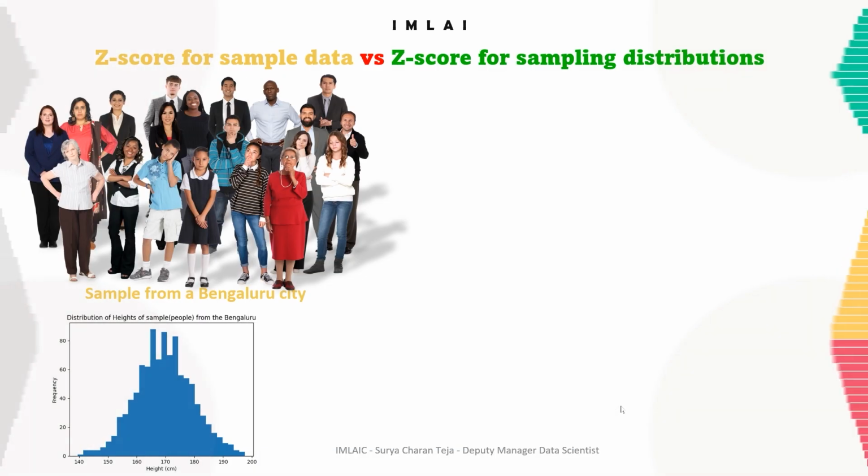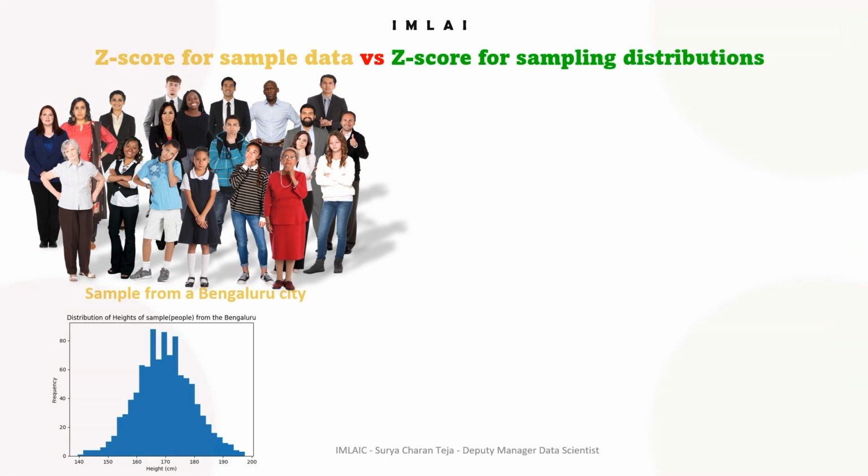Which is z-score calculation for this sample. How do you calculate z-score for this? When considering a sample of data, just a sample of data, z-score is used to measure the number of standard deviations by which the data points in the sample differ from the mean.